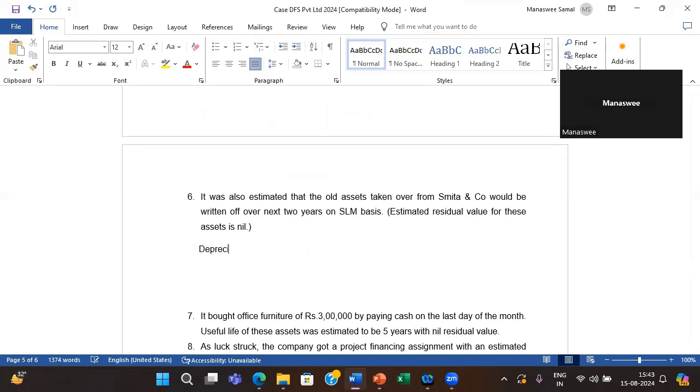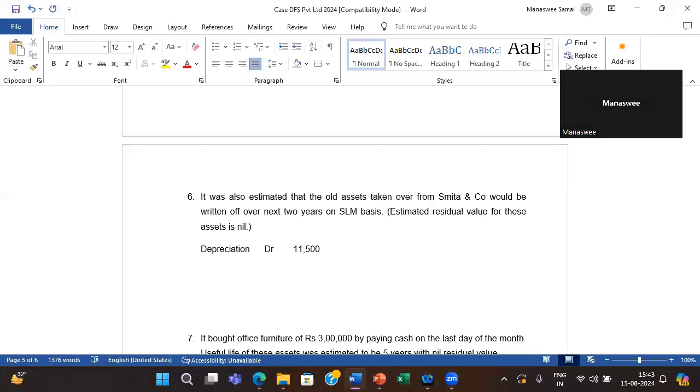Depreciation account debit 11,500, which is 7,500 plus 4,000. And then I will not credit office equipment and office furniture. Once we understand the concept, we'll continue to use accumulated depreciation, 11,500. Of course, this has to be credited.